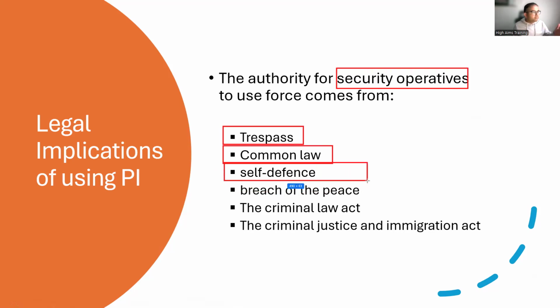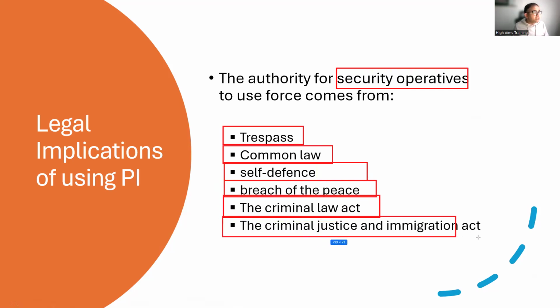Self-defense, when you're using physical intervention for self-defense. Breach of peace, okay? The Criminal Law Act and the Criminal Justice and Immigration Act. Now we will go through all of them one by one to see what each is.